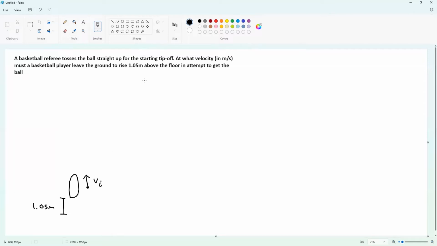So, let's see, how do we do this? If you're just reading this, what I like to do is write down my kinematic formulas to see what we have. Velocity final squared is equal to velocity initial squared plus 2 times acceleration times distance.